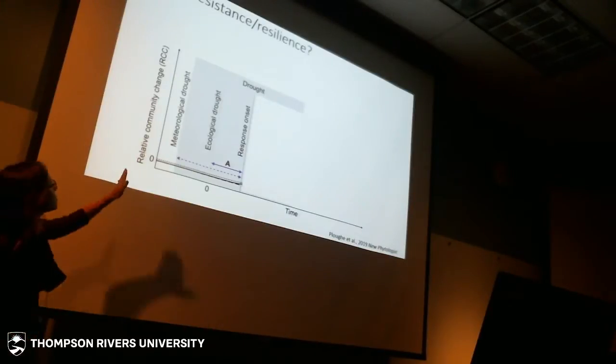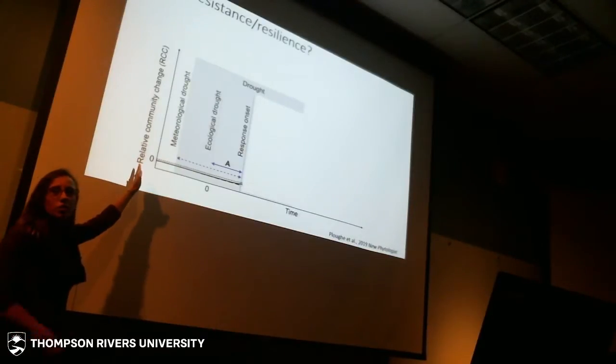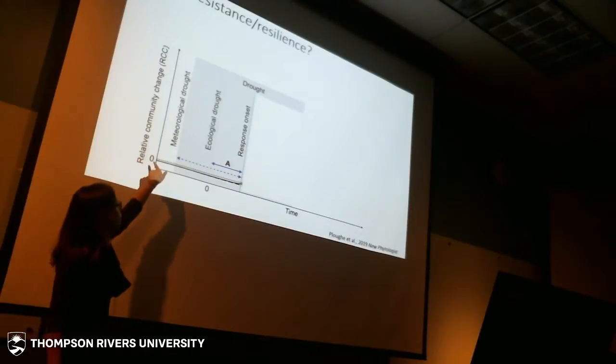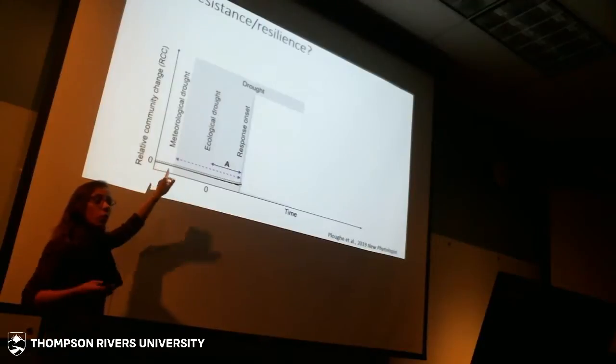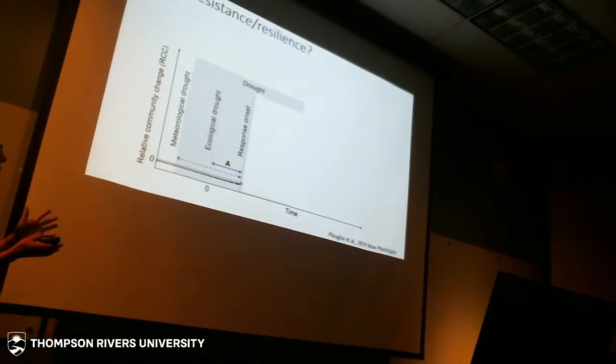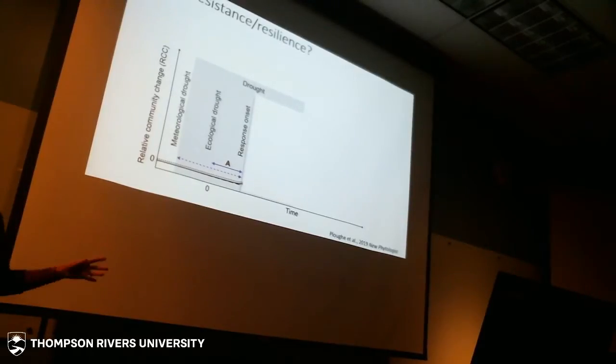If you imagine this is some type of relative community change, you could change it into whatever variable you would be interested in. The community is going to be at this level 0, whatever it normally is. There are obviously going to be fluctuations from year to year, but it's generally going to be, let's say, a grassland.